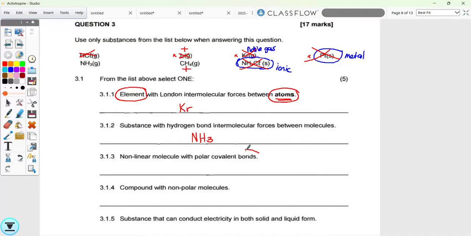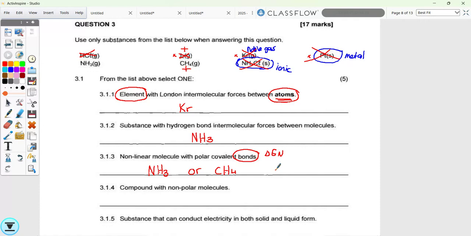If they ask me about a bond, what do I look at? Difference in electronegativity. So it could be NH3 or CH4. Which one is it? Or is it both? NH3, because N and H are different, but it could also be CH4. They're also different. So it could be NH3 or CH4 because neither one of them is linear.